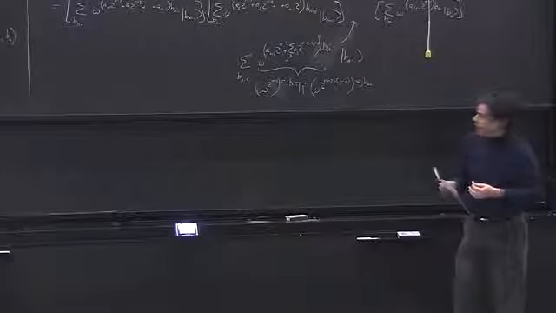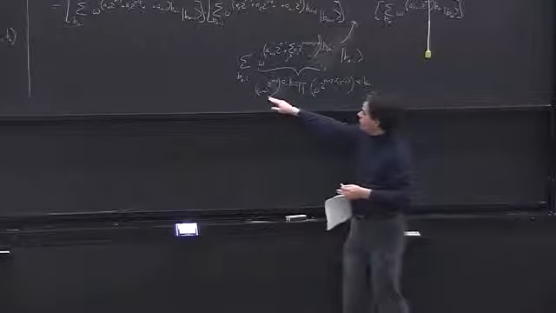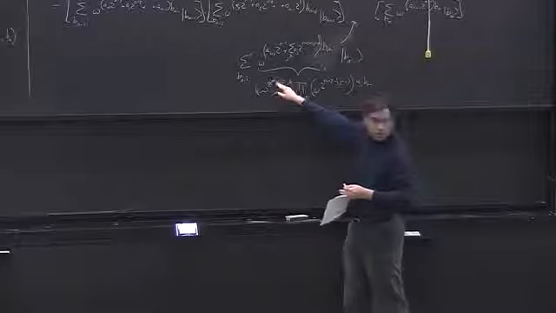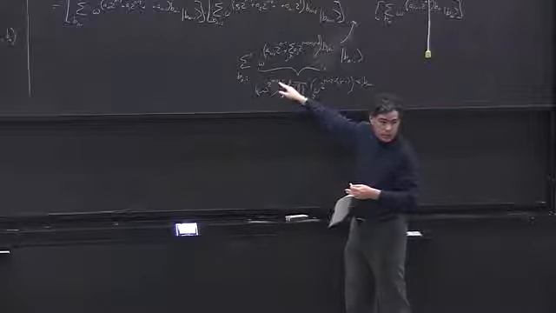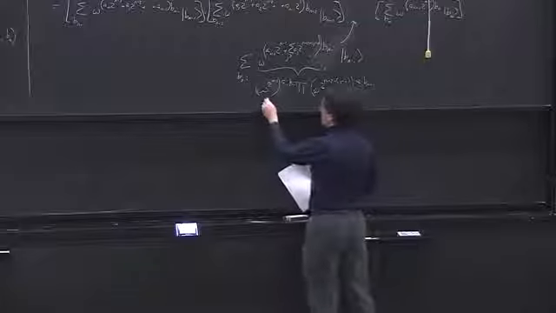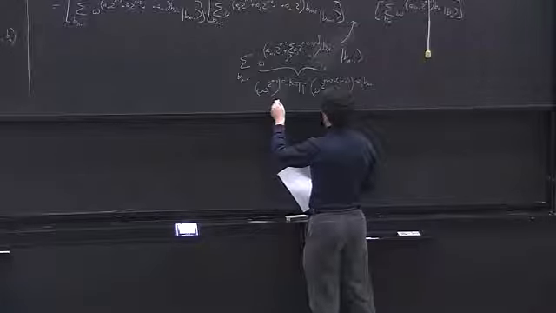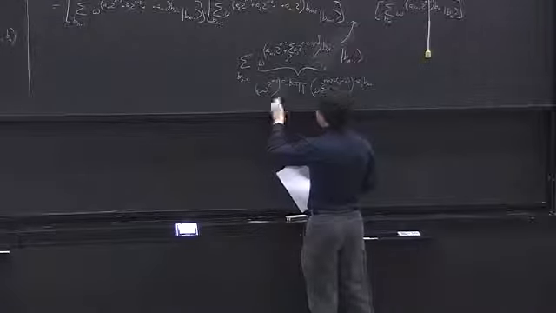Right? And omega to the 2^n is 1, but omega to the 2^{n-1} is minus 1.